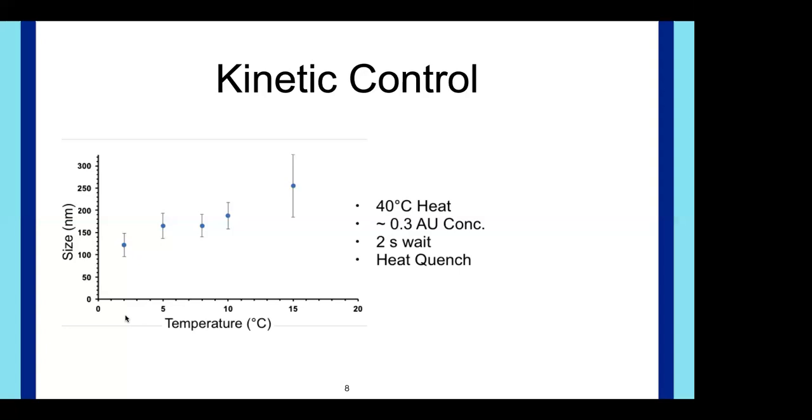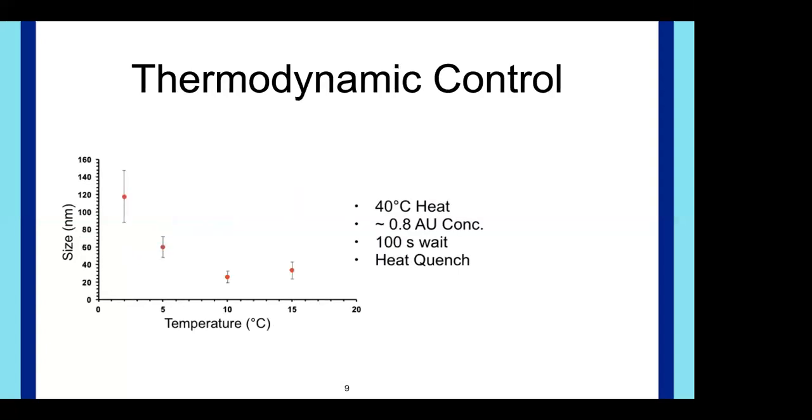On the opposite side, on the larger time scale with a similar procedure, we can show thermodynamic control over the supercluster growth as well. These are heated to the same temperature in between every measurement to make sure we're de-agglomerating these assemblies.